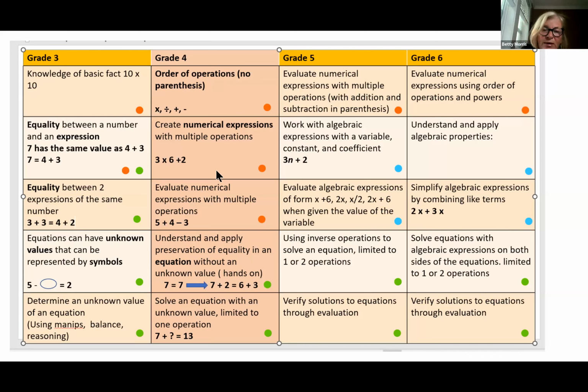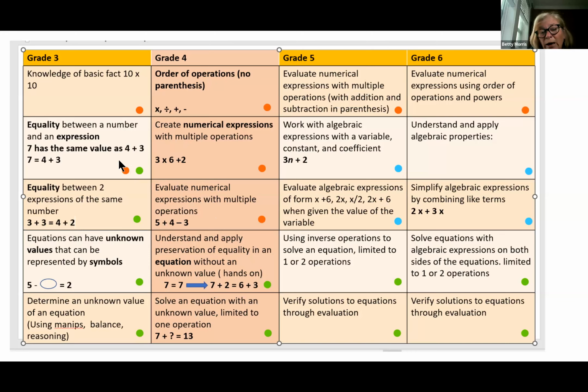We're going to start maybe with 6 plus 2. I'm going to talk about the fact that, because this is a numerical expression, we're not talking about equations, so we're not going to use the equal sign at this point with the students. We're going to talk about the value of what this expression is. And then they're going to create numerical expressions, and then they're going to evaluate numerical expressions.